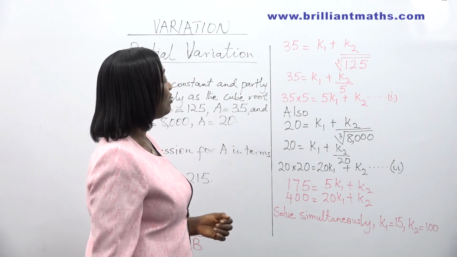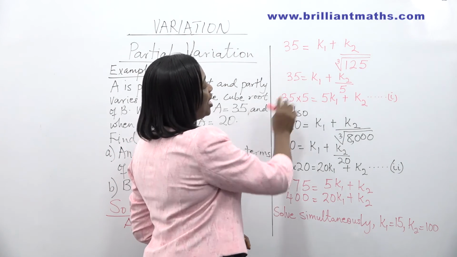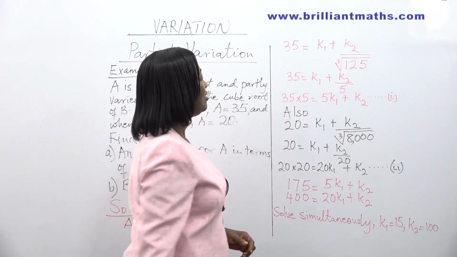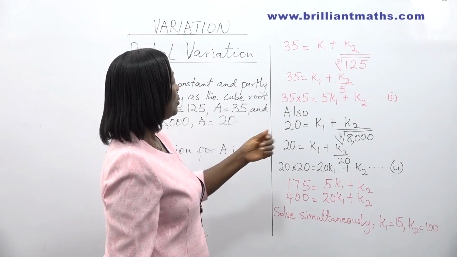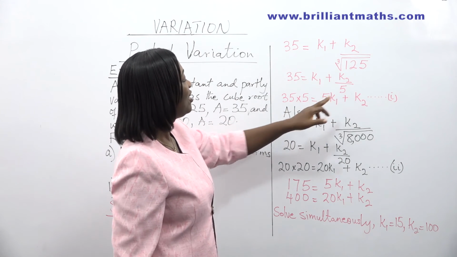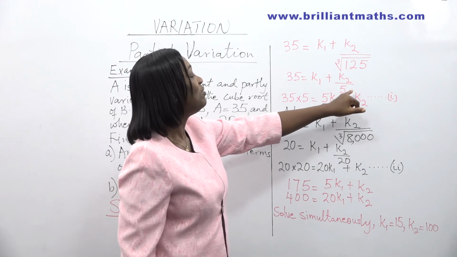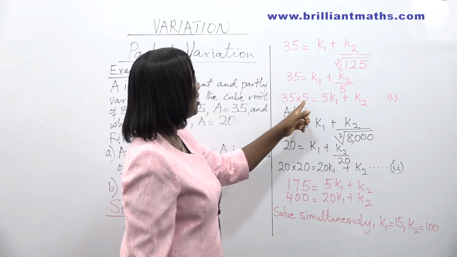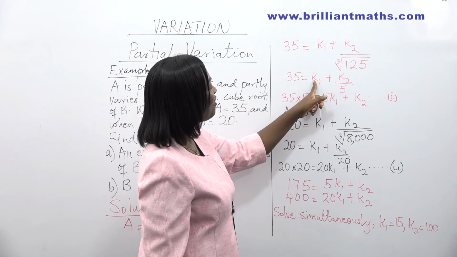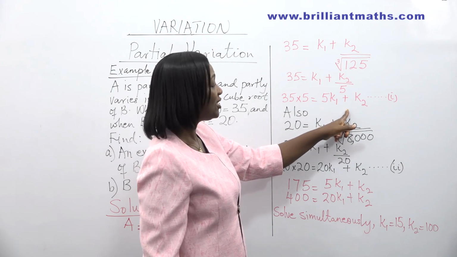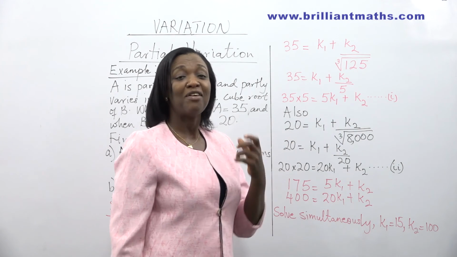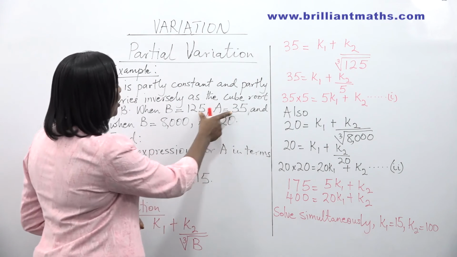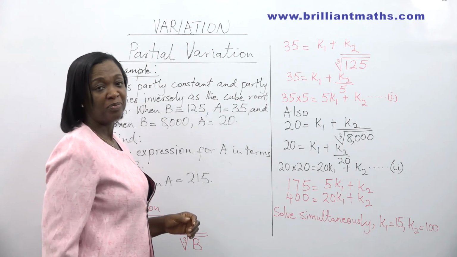So we have 35 is equal to K1 plus K2 over 5. Then we multiply the K1 by 5 and the 35 by 5 to eliminate 5 from the denominator. So we have 35 times 5 is equal to 5K1 plus K2. So that's our first equation, using the first values of A and B.